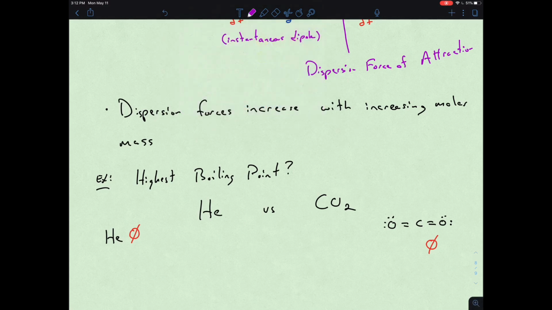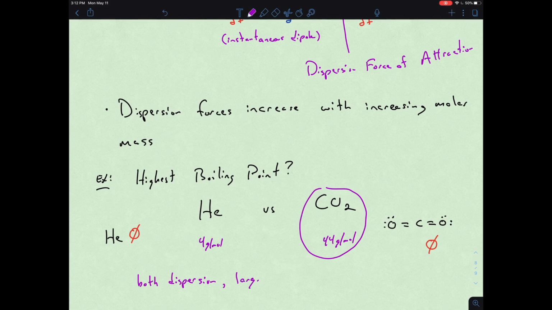But if we compare molar masses, where we have 4 grams per mole there and 44 grams per mole, right? The CO2 has the stronger force, right? So both are dispersion. So, the larger molar mass is equal to the stronger force that we see above.